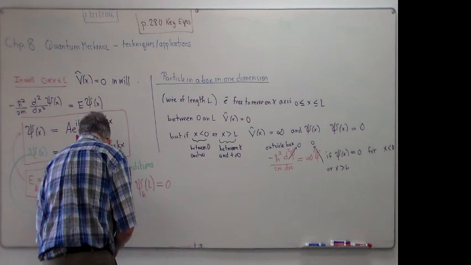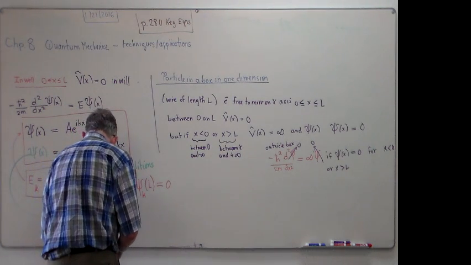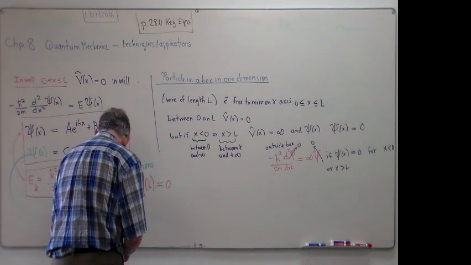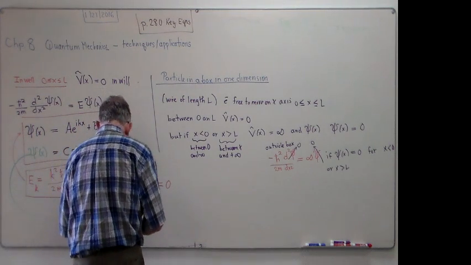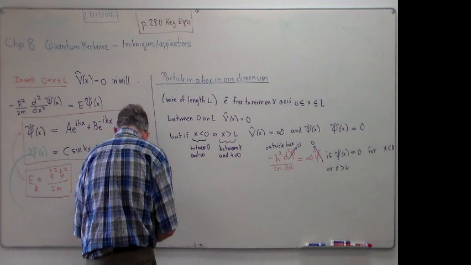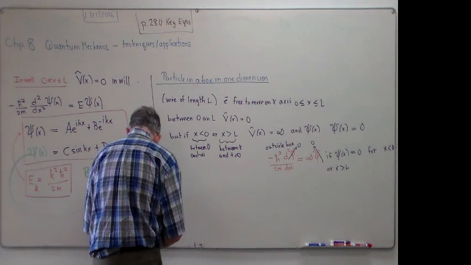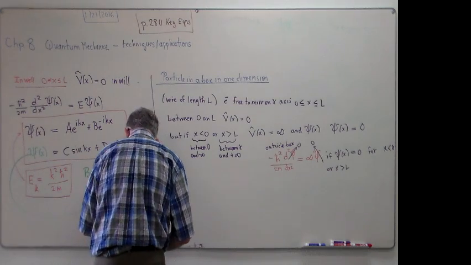So I'm going to do the 0 one first. C sine of 0 plus D cosine of 0.